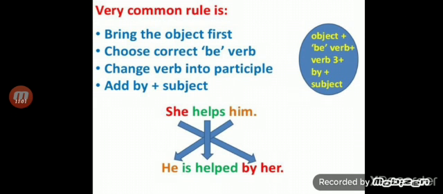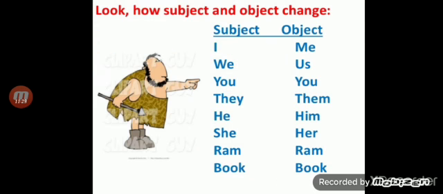We have to use the correct be verb. Is helped. Is is the be form, and helped is the past participle of the verb help. Then we use by, and she will be changed into her. So this is the common rule to change the sentence from active voice into passive voice.